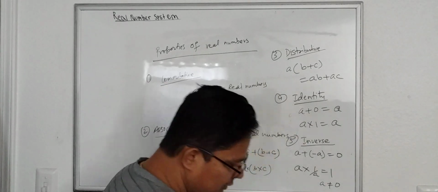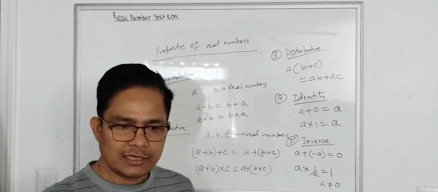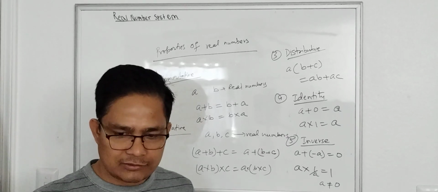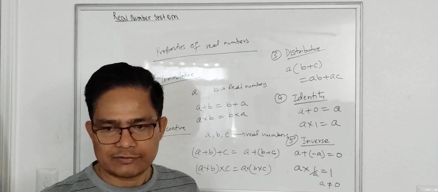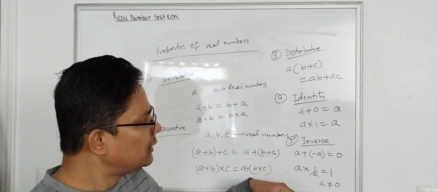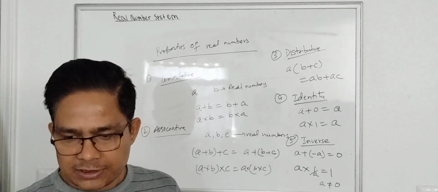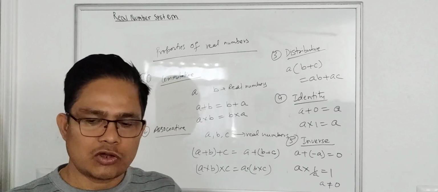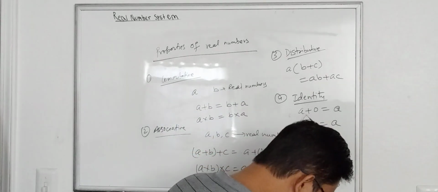Whenever you see these types of problems, whenever you see some variable as a denominator, you have to think that it should not be 0, because if that denominator is 0, then you have the scenario of something divided by 0, which is not defined. Not only for this example, anywhere, if you see some variable as the denominator, you have to make sure that it should not be equal to 0 to avoid the divide by 0 scenario.